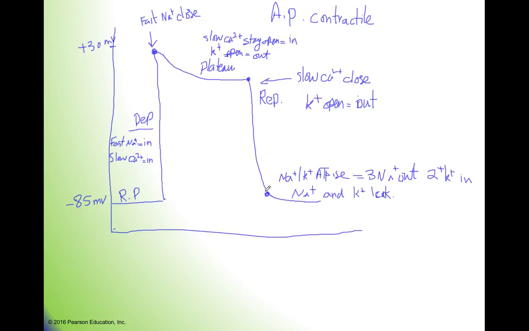When you reach about negative 85, then your sodium potassium ATPase and your leakage channels are going to be the main driving force for maintaining your resting potential until a second force comes in and basically creates a new action potential.